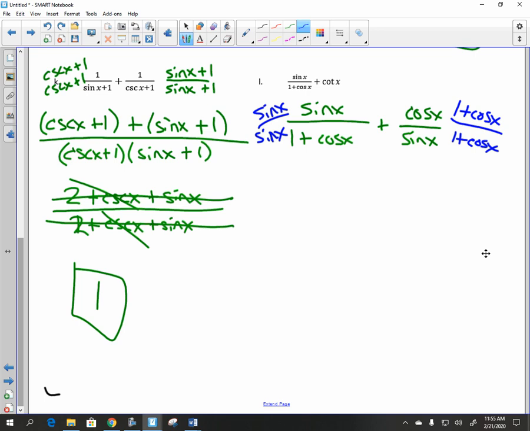We multiply. I get sine squared of x plus. Note that the cosine here must multiply both of those. So I have cosine of x times 1 is cosine of x. And I have cosine of x times cosine of x is cosine squared of x.